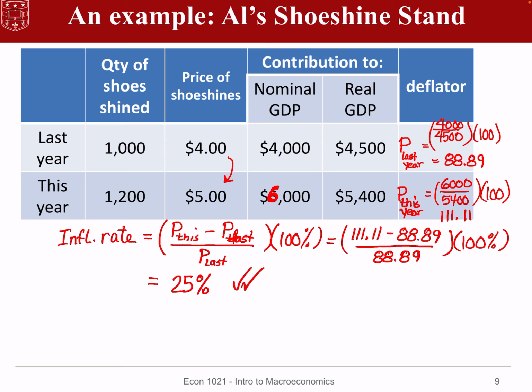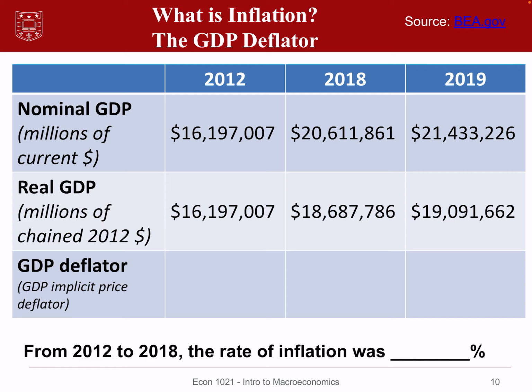So this is kind of a silly example because we just have one good in 2 years. But in a more complicated scenario, like the situation for a country as a whole, we can use this quite productively. So in this particular example, what we have is US data. The Bureau of Economic Analysis is the entity that reports information on gross domestic product.